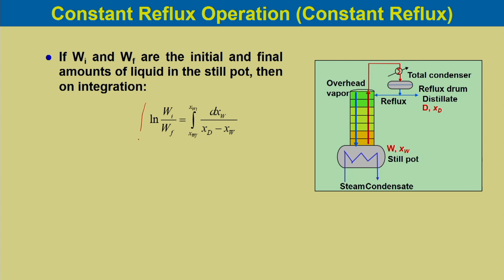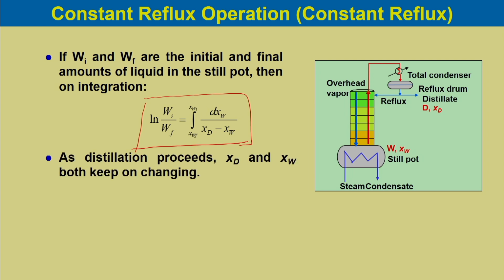This is the integral form of the equation, where the composition changes from x W I to x W F. As the distillation proceeds, x D and x W both keep on changing, both at the distillate and at the still pot.